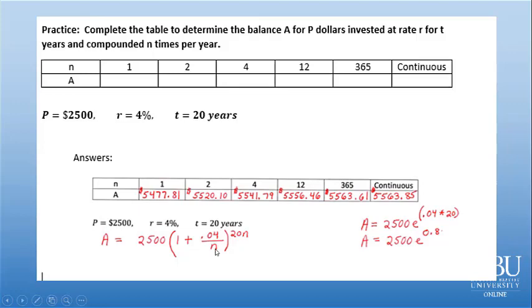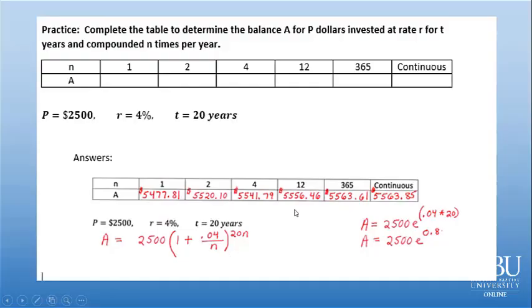So I simply substitute for the n 1, and then substitute 2, 4, 12, and finally 365. If you enter that in the calculator, you get the amount shown in the table here. Notice that the more frequently the interest is compounded, the larger the amount that will be in the account.